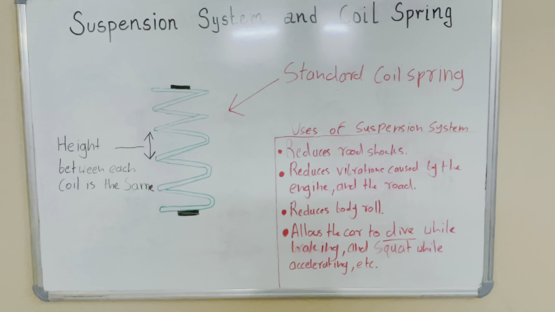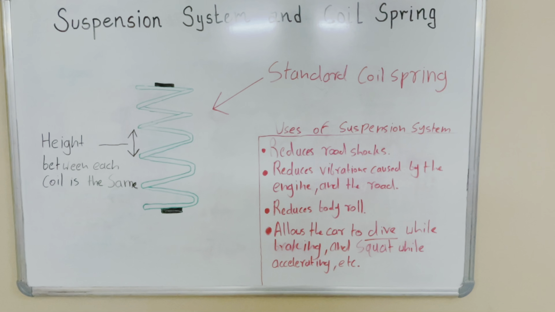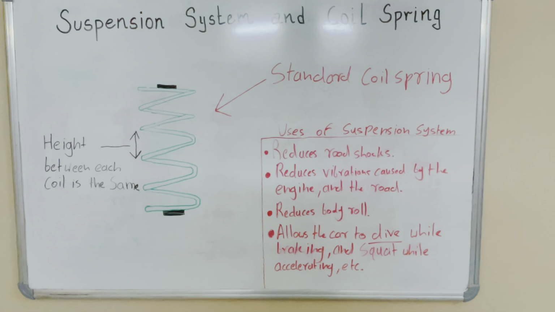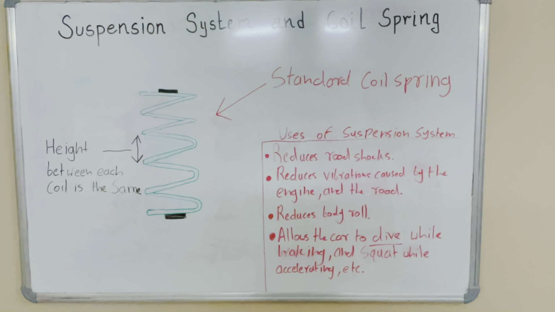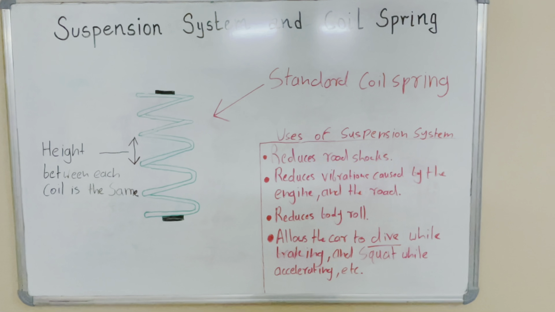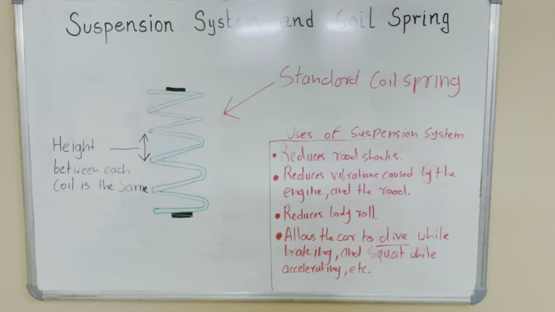And what the coil spring is good at doing is it is really good at absorbing the energy that is being applied when you drive over a bump. So it is really good at absorbing the shock. But what it really isn't good at doing is releasing the energy that's being stored.